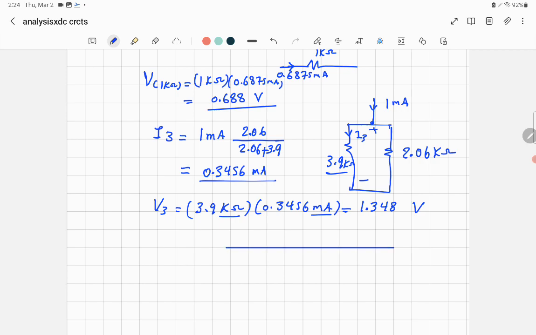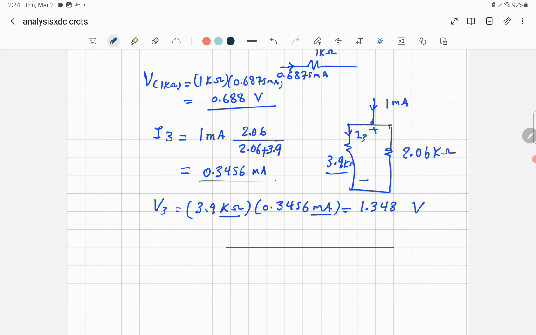Great. So, let's have more problems. I'd like to show you something useful: when you have a voltage source, how we convert a voltage source to a current source and vice versa.